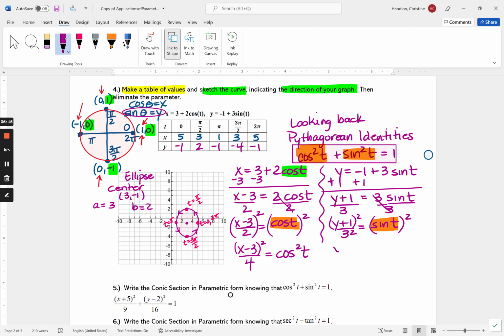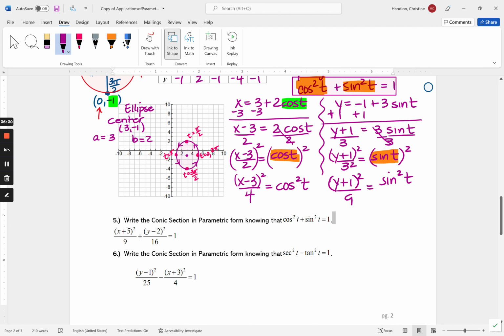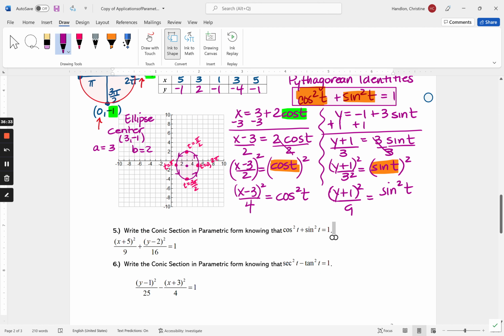So I end up with (y plus 1) all squared over 9 equals sine squared t. So if that's true, and my statement is that cosine squared plus sine squared has to equal 1, well, I already have cosine squared. It's (x minus 3) over 4, and let's put the little 2 there.